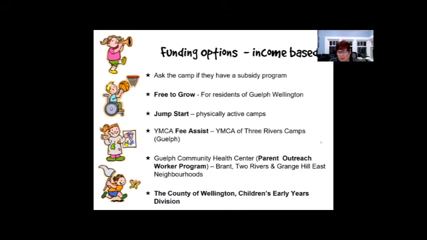Then there is the parent outreach worker program in these three neighborhoods, Brant, Two Rivers, and Granger East, and they help look at whether there's funding or if they can find some for you. And then the Children's Early Years Division has funding for those that qualify, for children up to age 12.